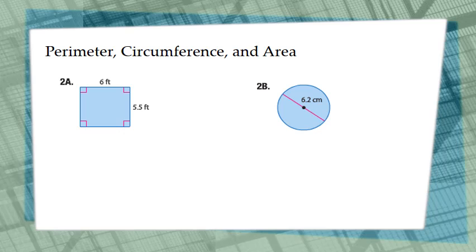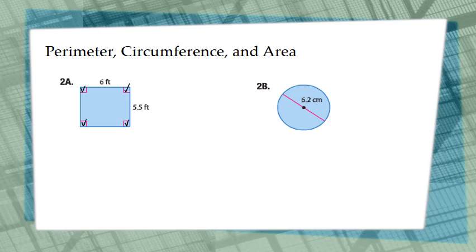Let's look first at the one we have here on the left. I know that it is a quadrilateral. I've got 4 sides. I know that it must be a rectangle for 2 reasons. One, every angle is 90 degrees, but the side lengths are slightly different.